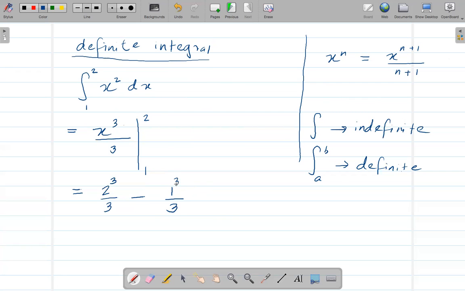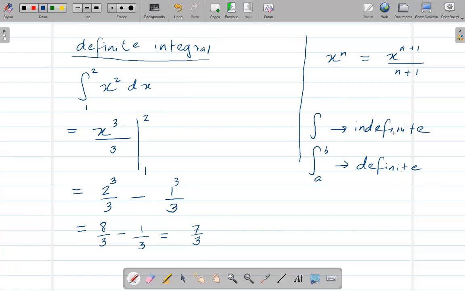So this is how you're going to deal with a definite integral, where an interval is defined. Now 2 to the power 3 is 8 over 3 minus 1 over 3, which will give 7 over 3. So when you have a definite integral like this, you will be getting the value at the end.